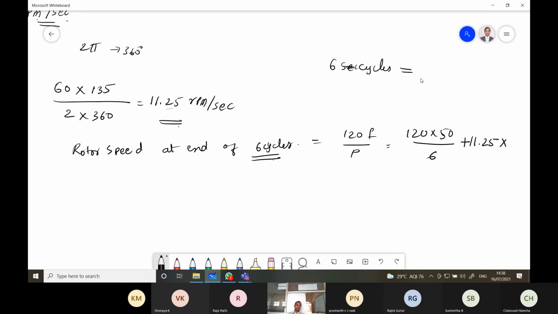So the rotor speed is 120 into 50 by 6, that is 1000, plus 11.25 into 0.12, and you will get 1001.35.